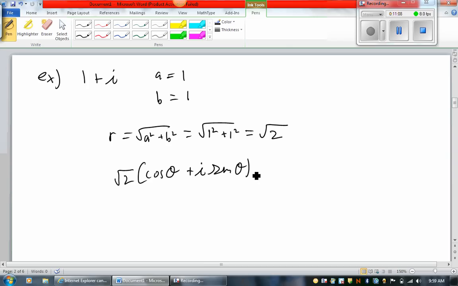What are those angles? Now we have to go back to our definitions of sine and cosine. Sine is b over r, which is 1 over radical 2. I'm going to rationalize and get radical 2 over 2.